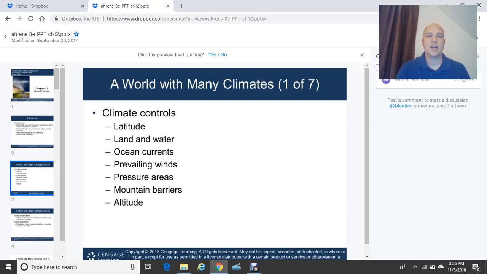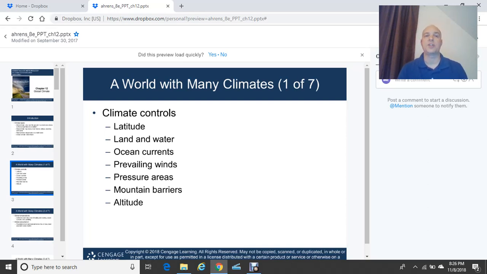The first thing I'll talk about is latitude. Okay, latitude is the distance north or south of the equator. And the further north you go in latitude, the greater the variability in the overall weather or climate at that particular area.